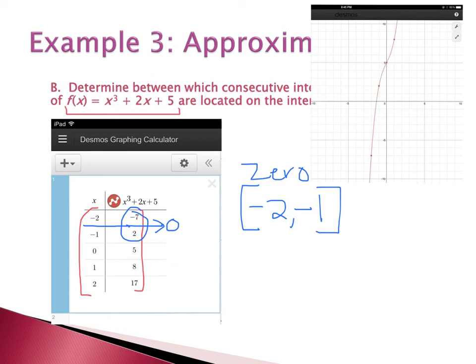Therefore, our zero is between the integers -2 and -1, because our x-intercept, or the zero of our function, is right here. There's the x-intercept, which occurs between an x value of -2 and an x value of -1, which confirms that we had the correct answer based upon our discussion of the table.